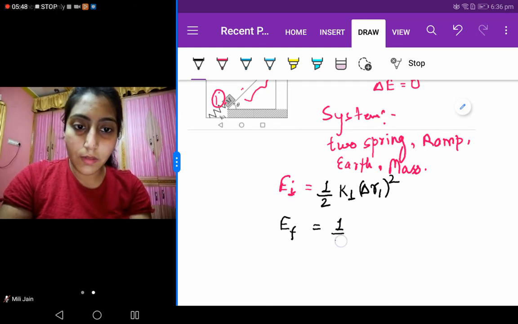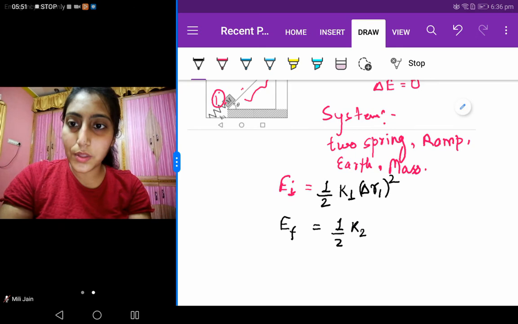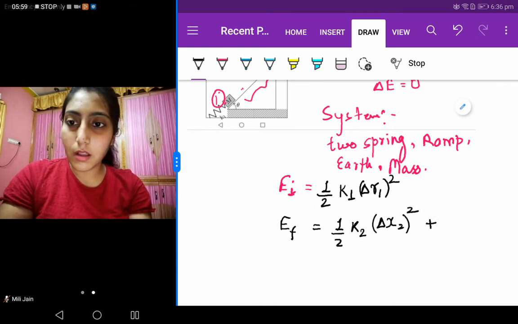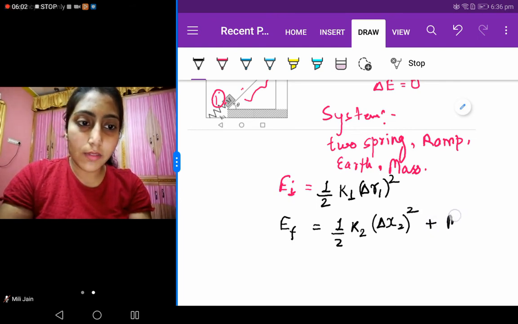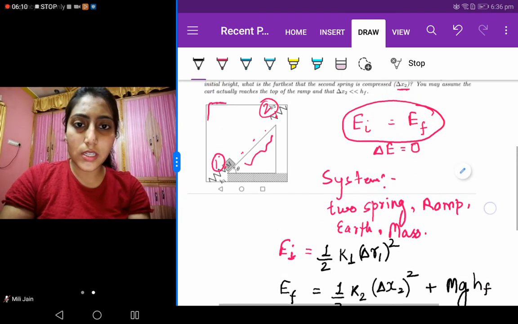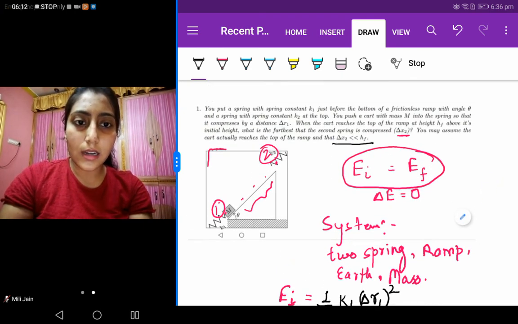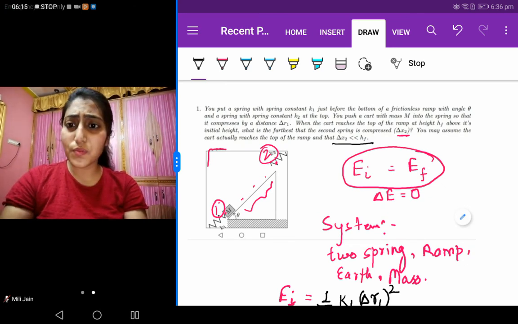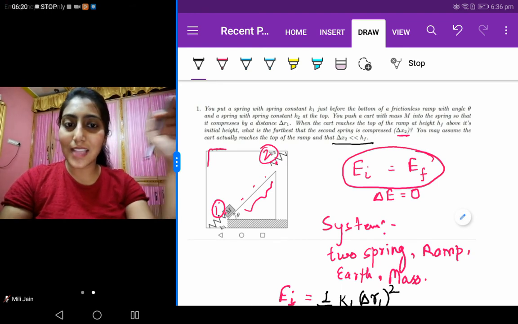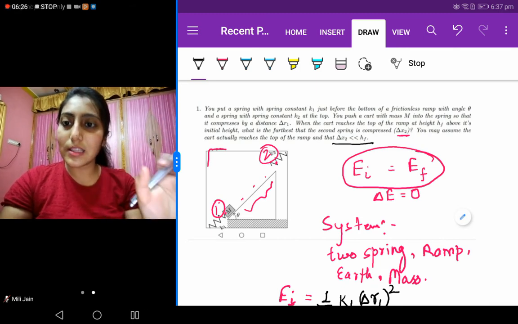So this is going to be half K2, the spring constant of the second spring, times the compression we need to find, delta x2 squared, plus the gravitational potential energy, given by m g hf. One more piece of information given in this problem is that delta x2 is much less than hf, which is required because when writing the gravitational potential energy, it should be the exact height. It should not be altered due to this compression. So that's why it is given like that.